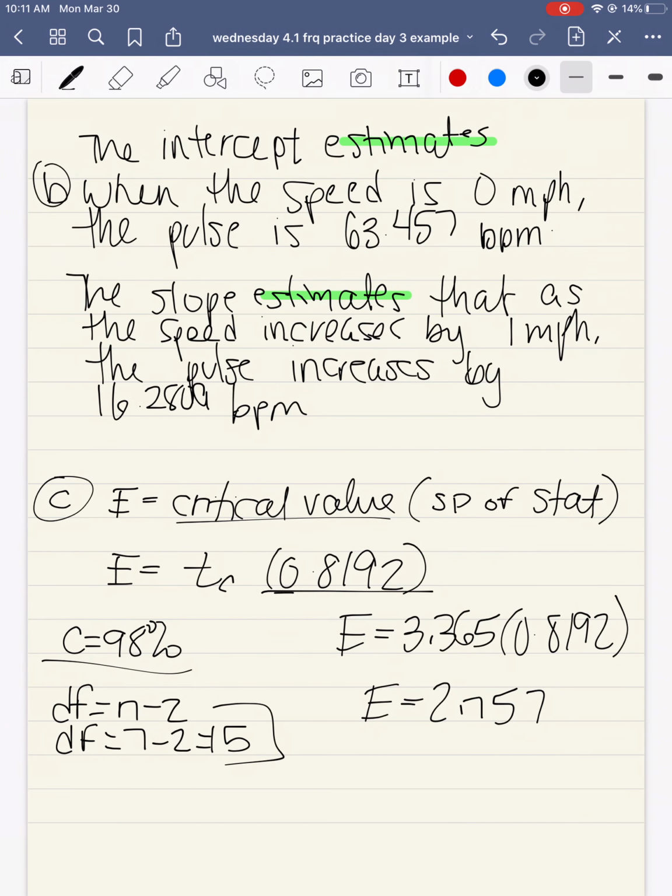Interesting. Okay. Sorry, I was looking at the scoring guide and it said that they put this as beats per minute. And I'm not entirely sure why, since I believe that since we're looking at the slope, we would put the variable or the labels for the slope.